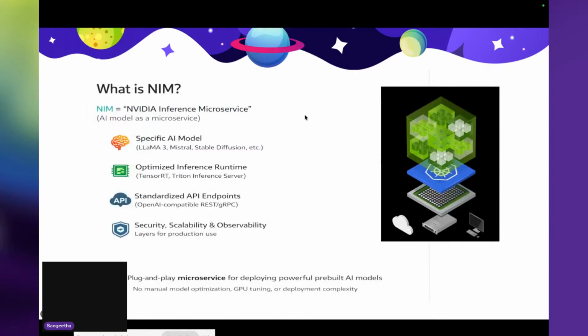To set the context for the session, let me start with a simple question. How many of us trust AI responses 100% in production? I think it's always a mixed response, right? And now, here's the real challenge. It's not just about building AI.